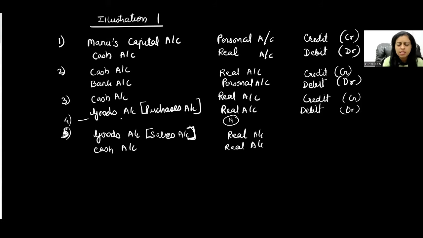So here I'm writing as sales account. Now basically here goods are coming in or going out, goods are going out. So debit what comes in, credit what goes out. So credit, and cash is coming in. So debit. Debit what comes in, credit what goes out.